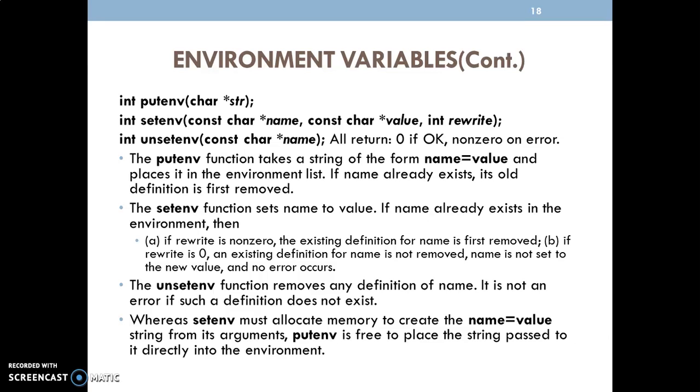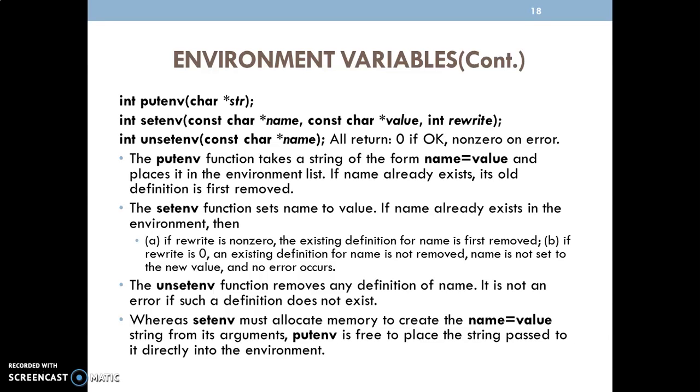And next, setenv. It sets the name equal to value. If the name already exists in the environment, then there is a different operation. With respect to a particular environment variable, we are adding the value or just modifying the value of that environment variable. It depends on the third argument, rewrite.